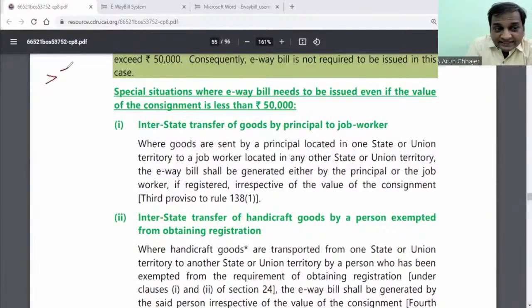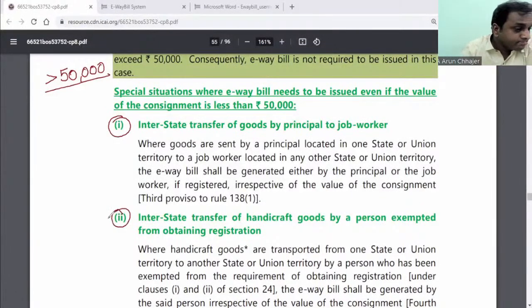Normally, I can say the normal provision, if the value is more than 50,000, then only an Eway bill would be required. However, there are two situations in which you need to prepare the Eway bill even though the value is less than 50,000.